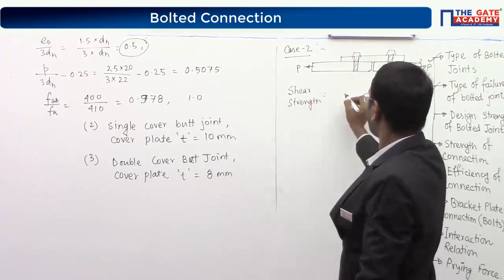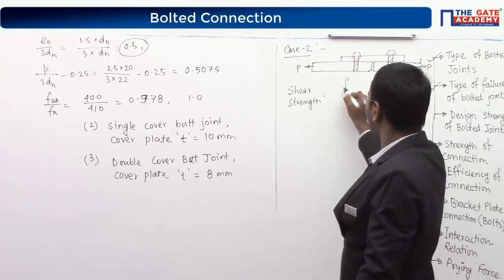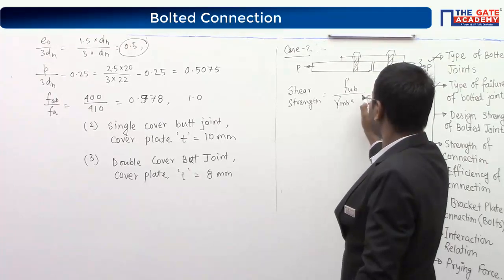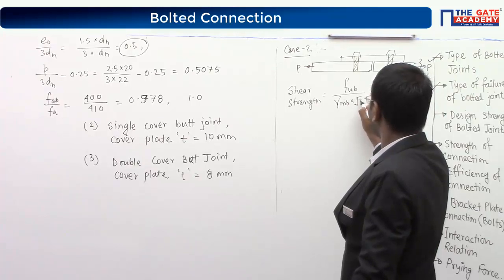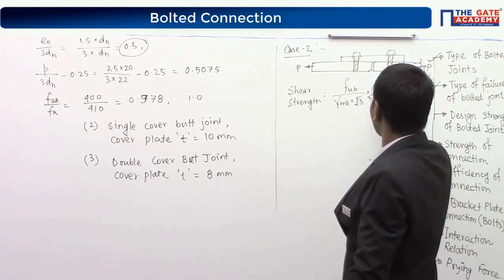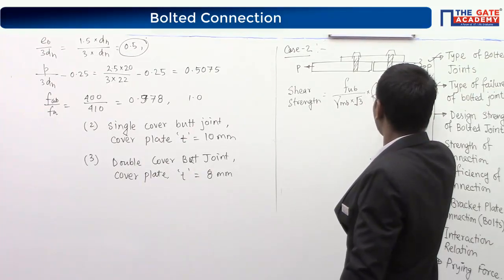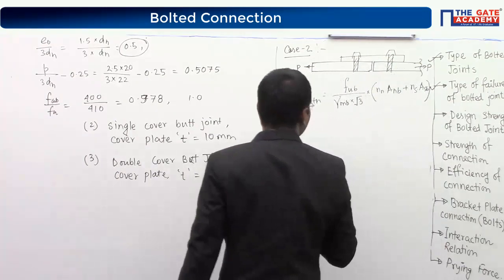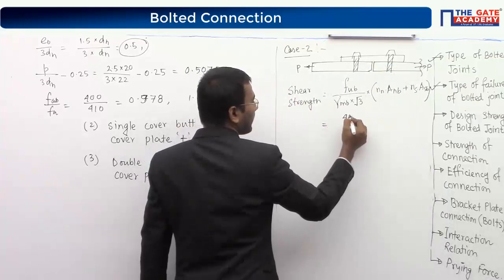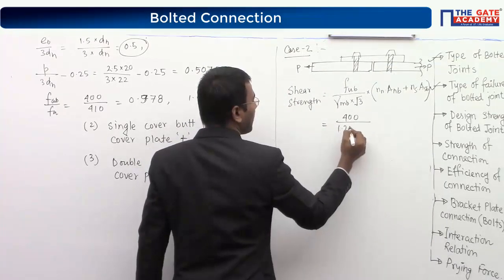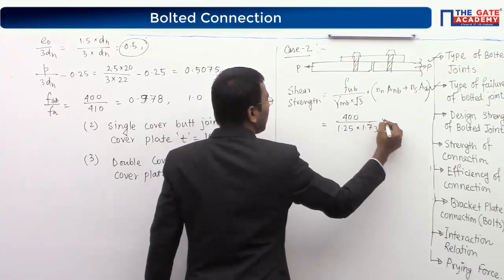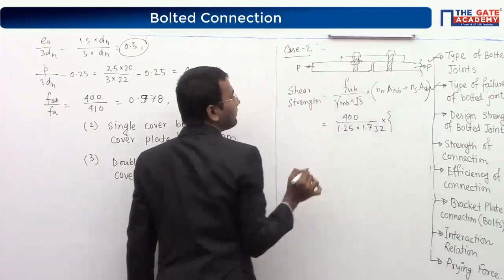It will be again, I am writing directly now, f_ub divided by gamma_mb multiplied by root 3 multiplied by (n_n A_nb + n_s A_sb). By looking at the equation, f_ub 400 divided by gamma_mb 1.25, 1 by root 3, 1.732, multiplied by one shear plane.